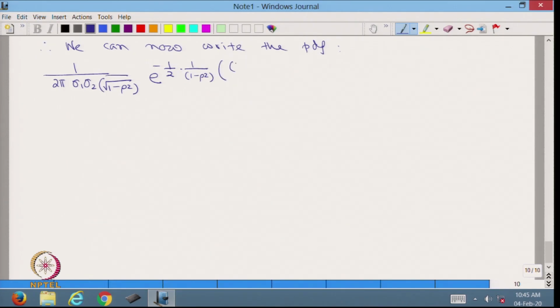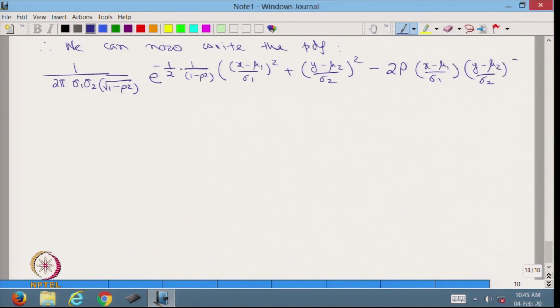In the bracket we have x minus mu 1 upon sigma 1 whole square plus y minus mu 2 upon sigma 2 whole square minus 2 rho x minus mu 1 upon sigma 1 y minus mu 2 upon sigma 2.